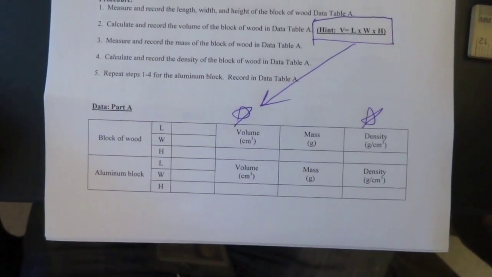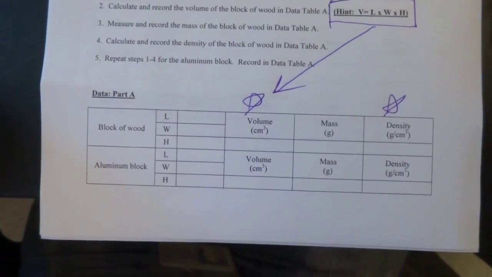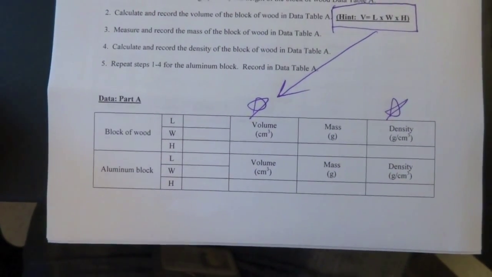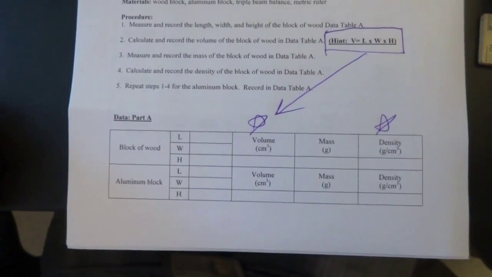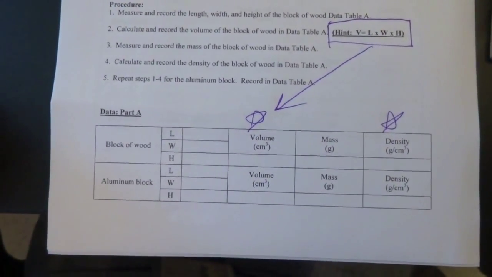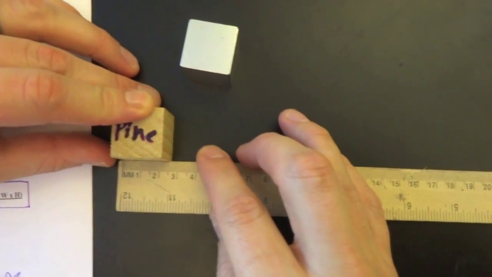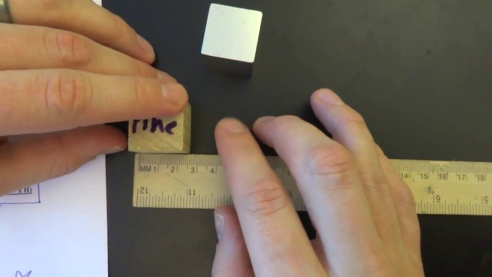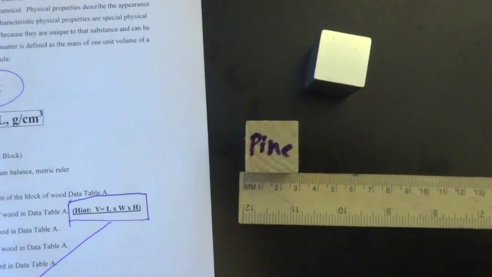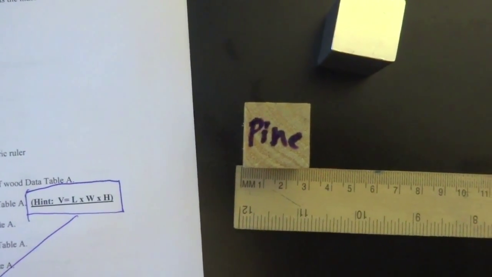Part A, the regular solid, is going to be measuring the density of an aluminum block and a wood block. So the first thing we're asked to do is to record the length, width, and height of the block of wood. So I'm going to do that over here. The width of this block of wood is 2.5 centimeters.